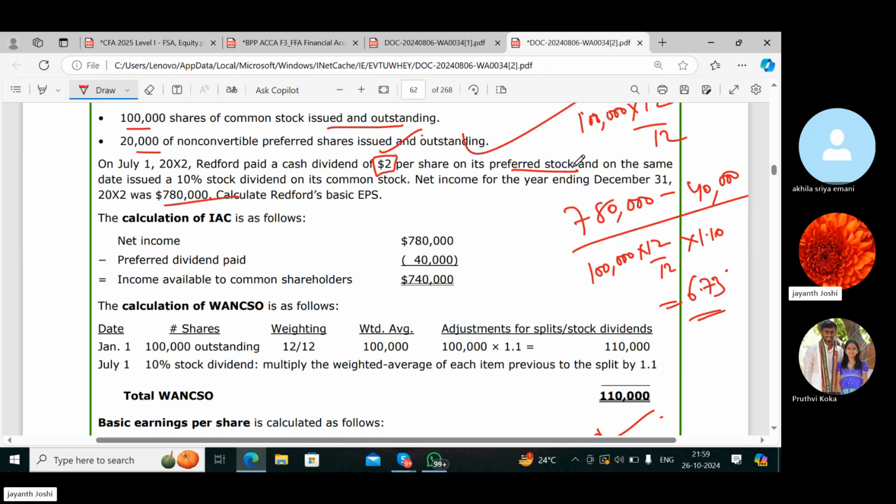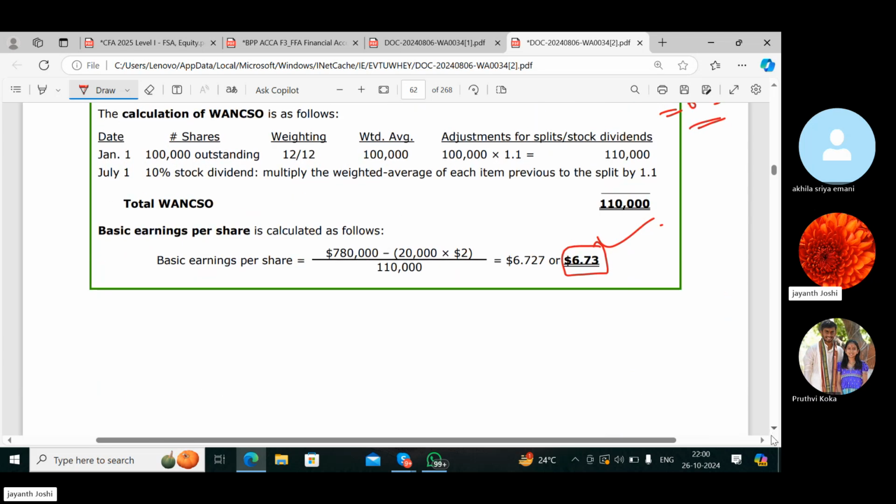No, no, no. The preference dividends are only applicable for the numerator, not for the denominator. In the denominator, you are finding out the weighted average number of shares. When you are finding out the weighted average number of common shares outstanding, where is the preference share going to come? Nowhere. It is only going to come in the numerator. Do the next question.